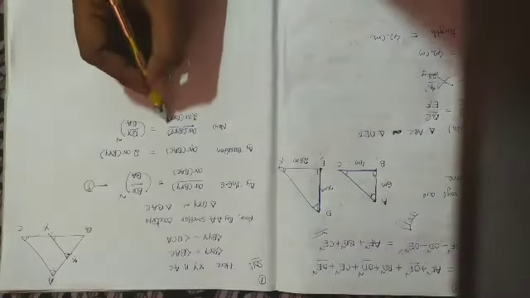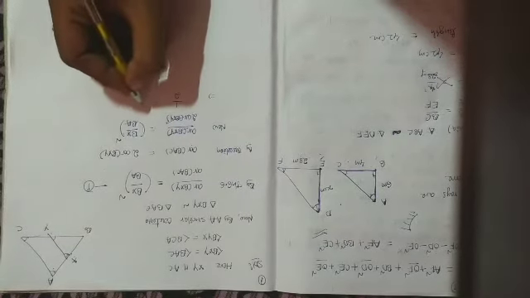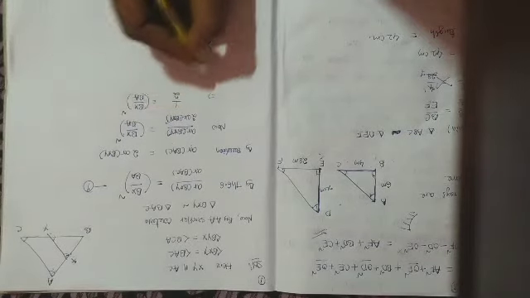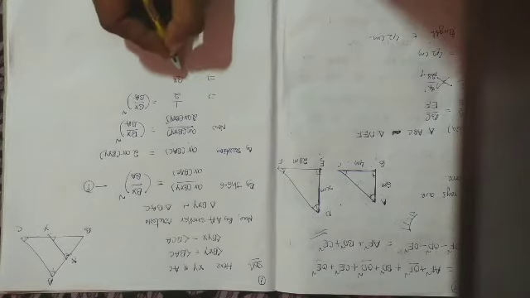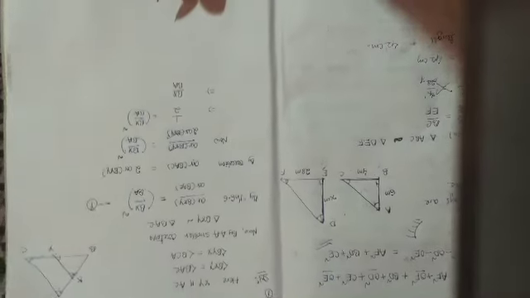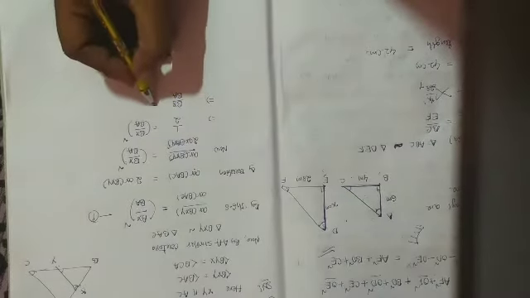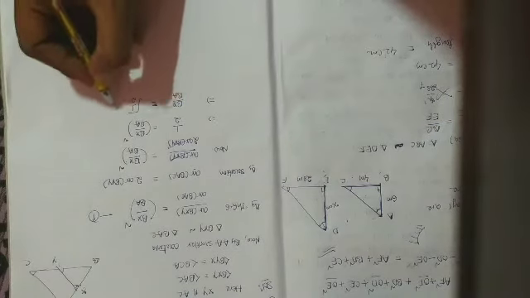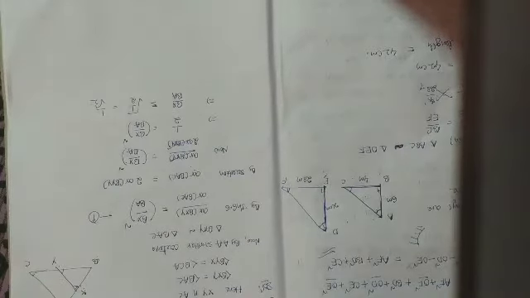Now BX by BA equals, the square changes into a root, root of 1 by 2, that equals 1 by root 2.